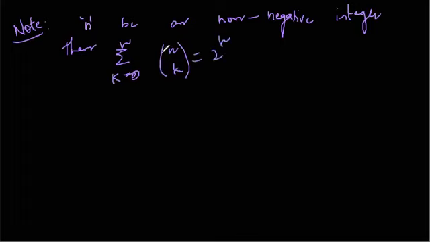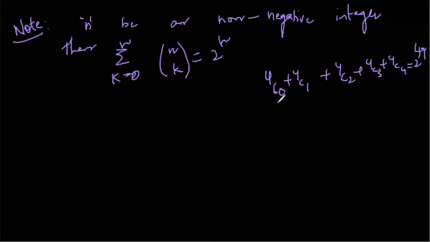Okay, so if you have 4C0 plus 4C1 plus 4C2 plus 4C3 plus 4C4, it will be equivalent to 2 power 4.